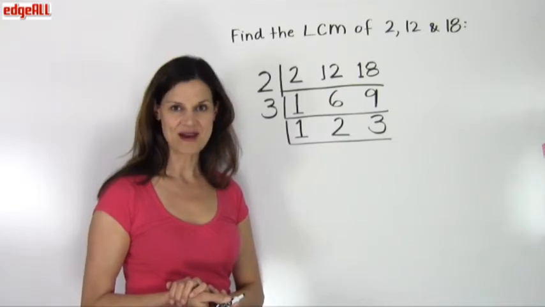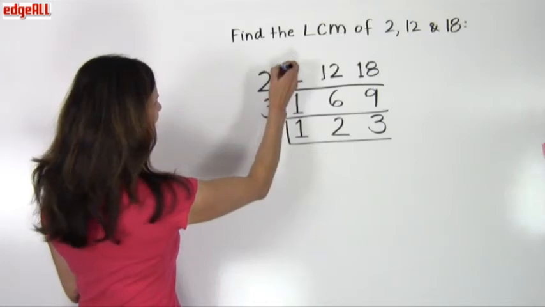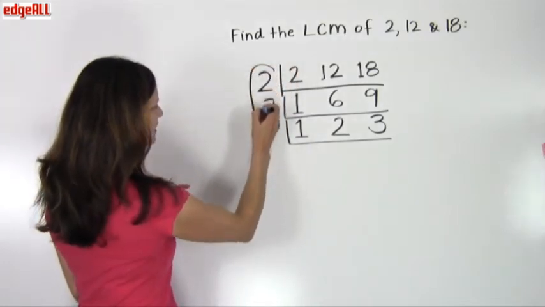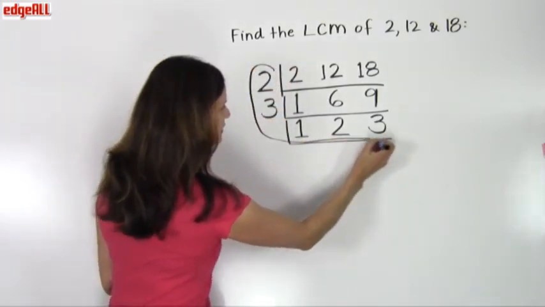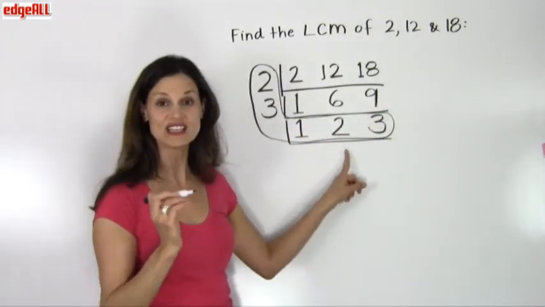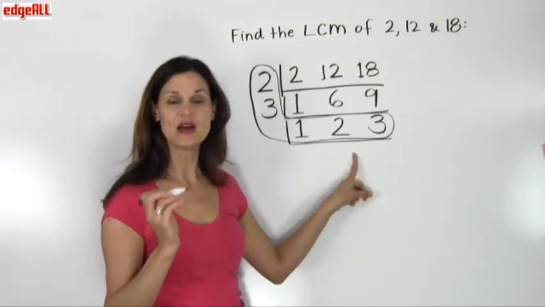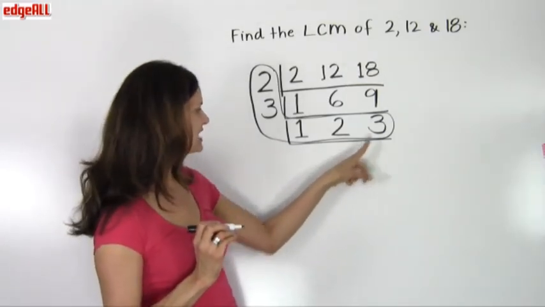And what I do now to find my least common multiple is I take all the numbers to the left and the numbers in my last row, where I couldn't find at least two numbers that could be divided by a common factor. And I circle those.